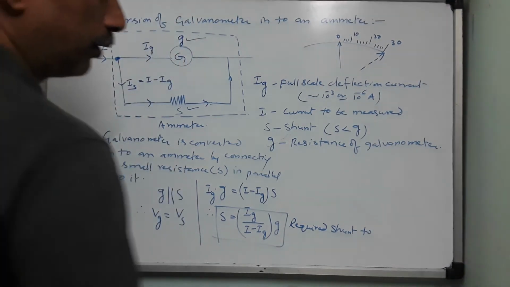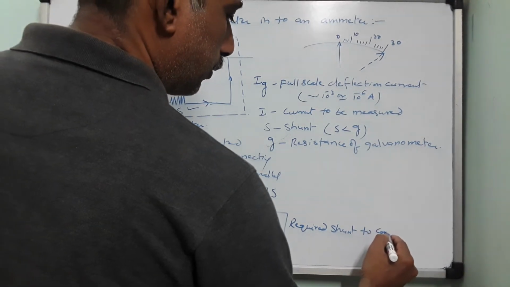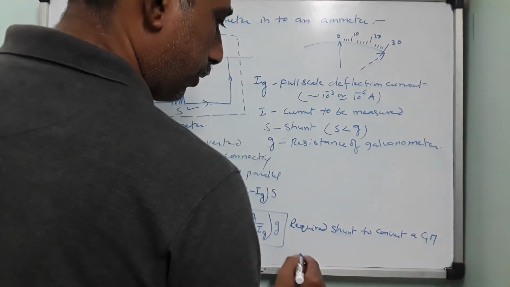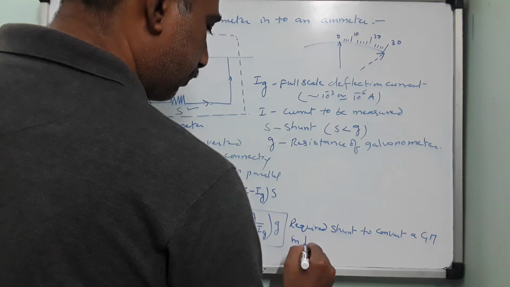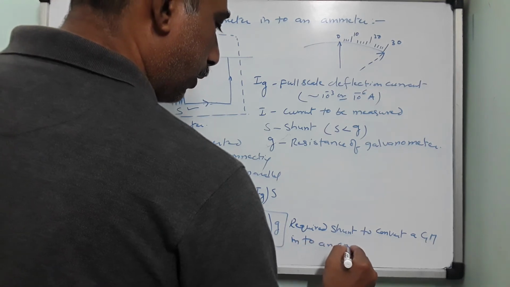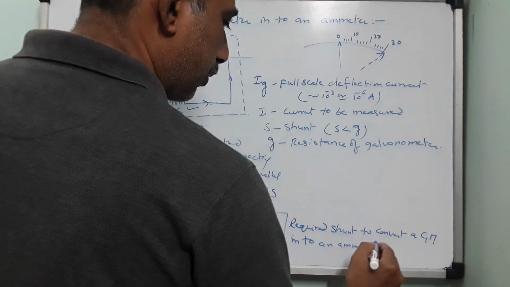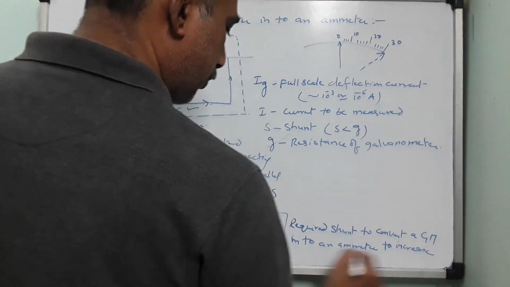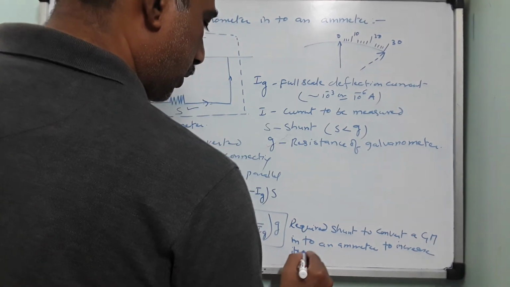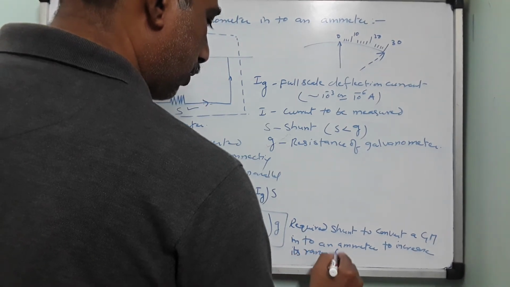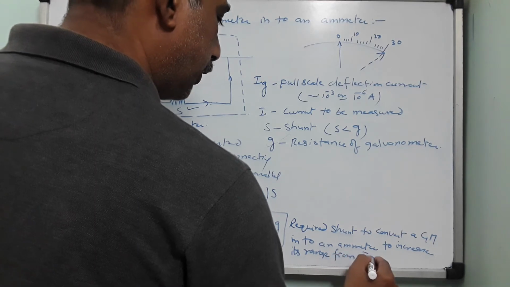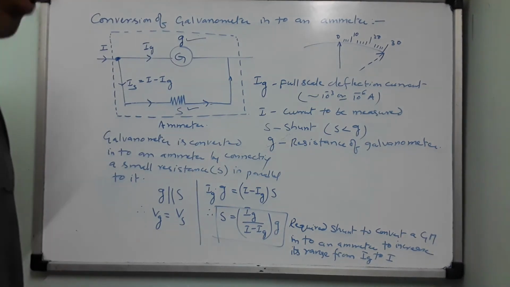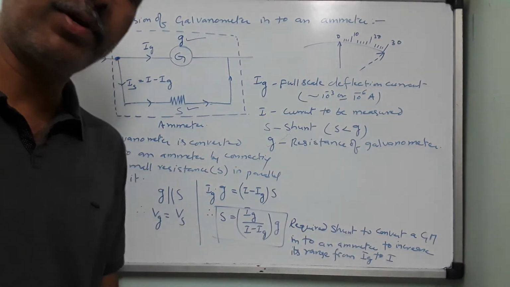to convert a galvanometer, GM means galvanometer, into an ammeter to increase its range from Ig to I. Ig is milliamperes, I is amperes, so you have increased it 1000 times.